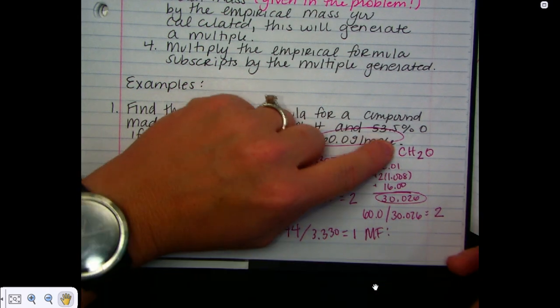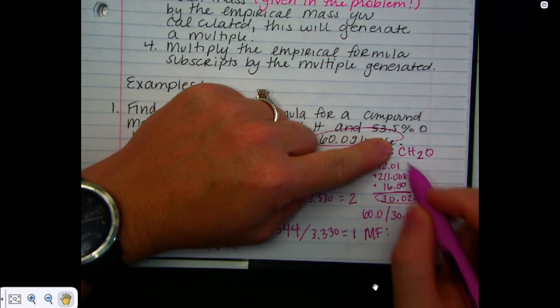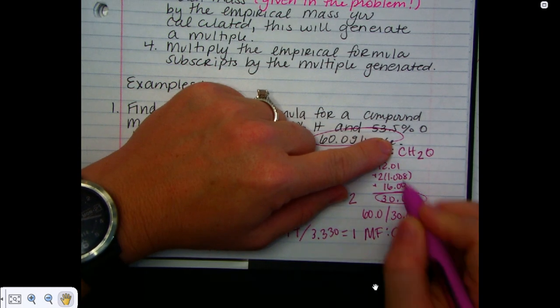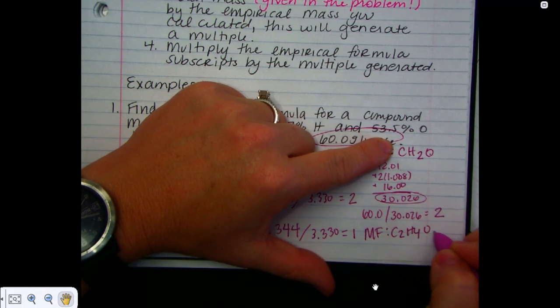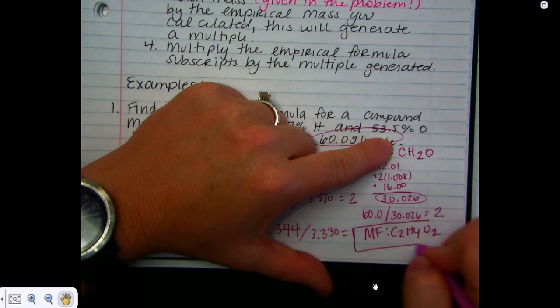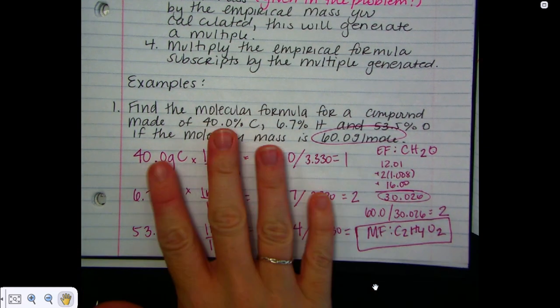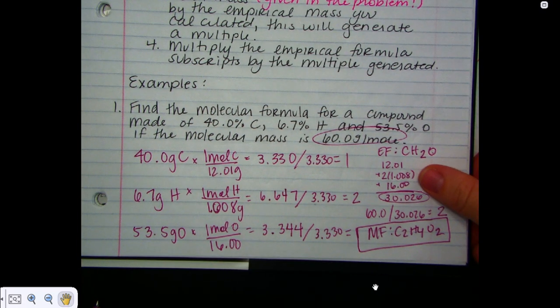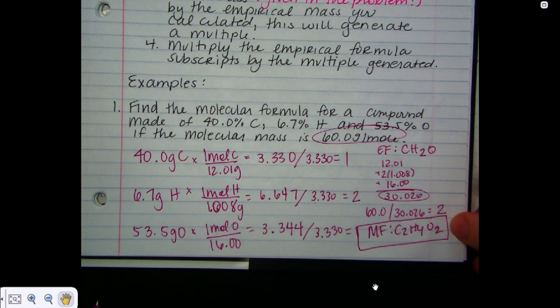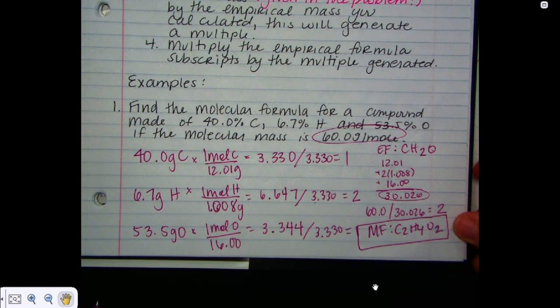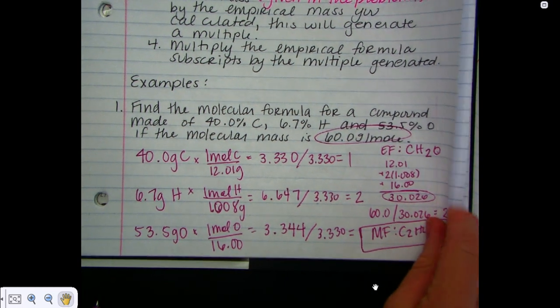So multiply this by 2: C2H4O2. And that's my molecular formula. So really all you're doing is finding the empirical, adding up the mass, getting a multiple, and multiplying the empirical. It's really just empirical plus 2 steps. All right, let's do one more of these and then you should be good to go.